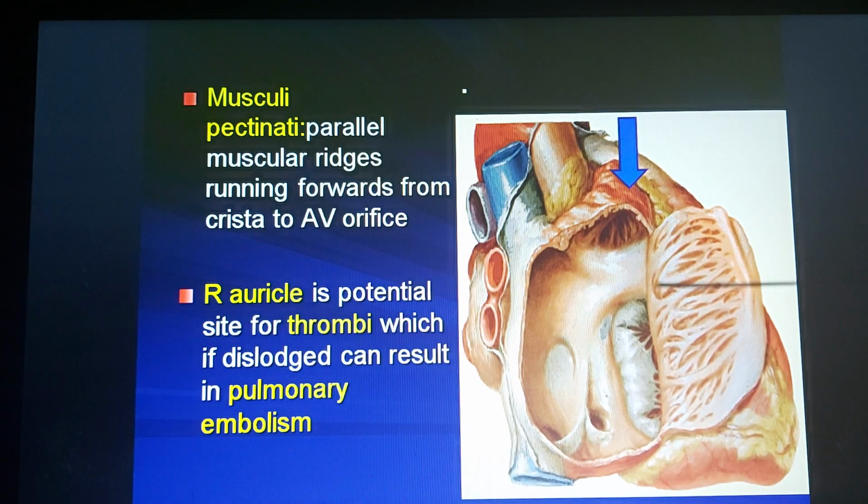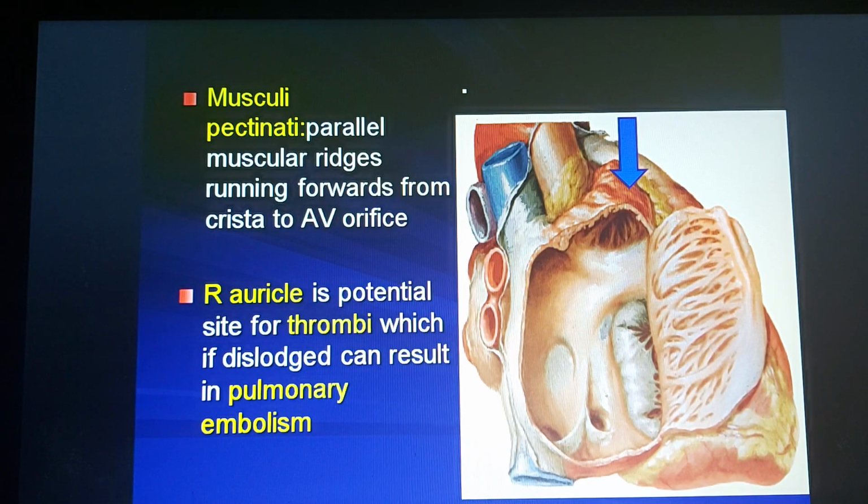These are the horizontal ridges present here, running from the crista terminalis towards the atrioventricular orifice like this.